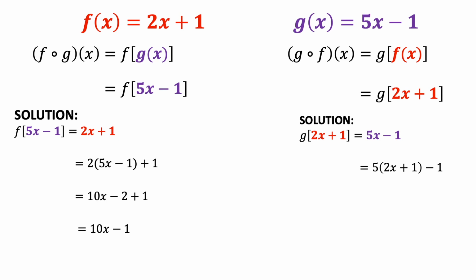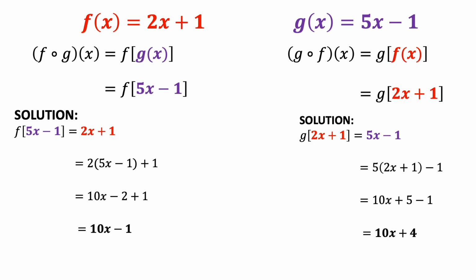Applying the PEMDAS rule and distributive property of multiplication, 5 multiplied by 2x will give us 10x. And 5 multiplied by 1 will give us 5. Therefore, we now have 10x plus 5 minus 1. By simplification and combining like terms, we have 5 minus 1. Therefore, g circle f of x is 10x plus 4.